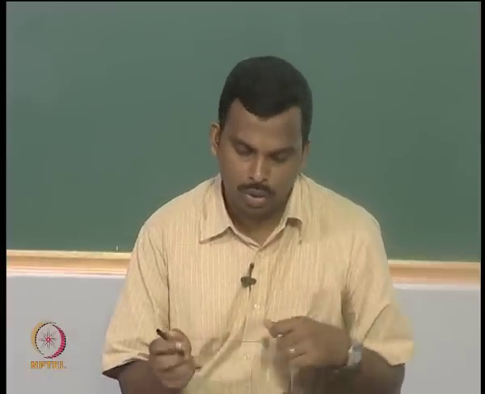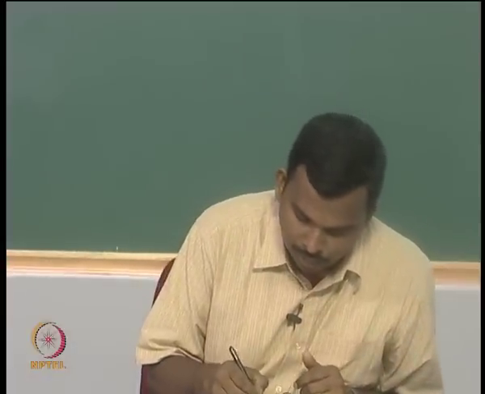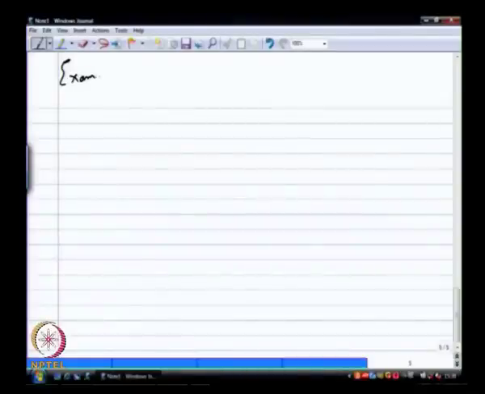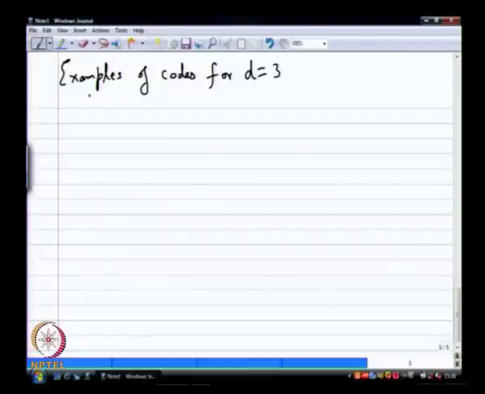So let us see some examples of code construction, for D equals 3 only; I am not promising anything beyond that. Let us say we start with just F2 first, just binary codes.